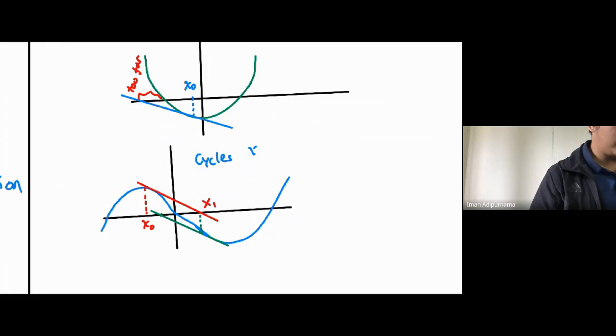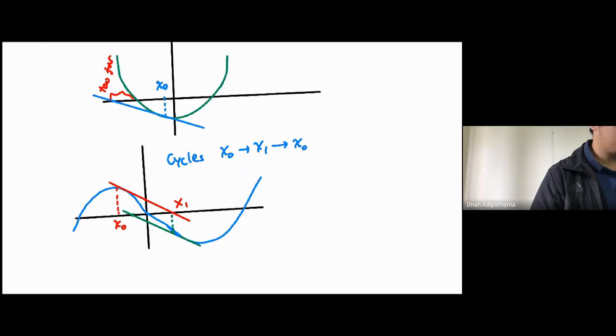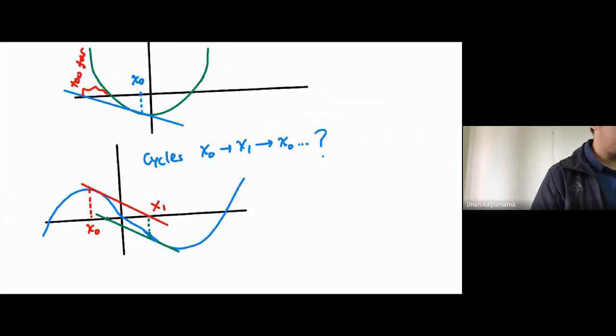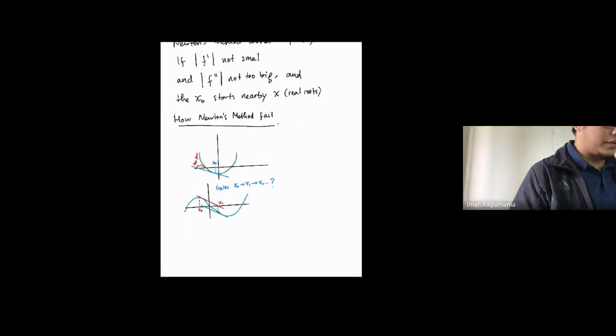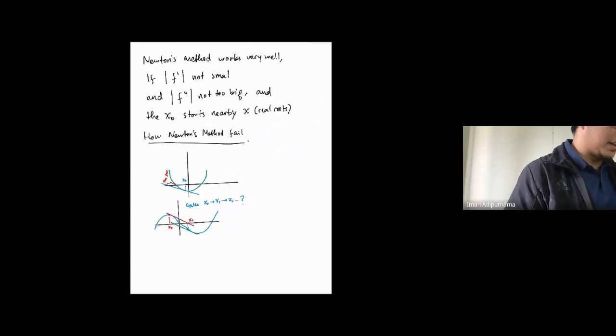Maybe you will have x0 to x1, and then it will go back to x0, and then you will be going nowhere. Okay, I think that's it. The important points for Newton's method.